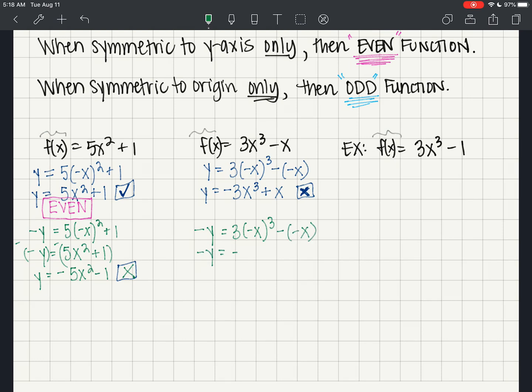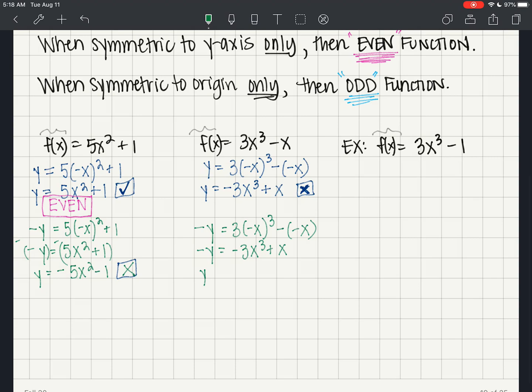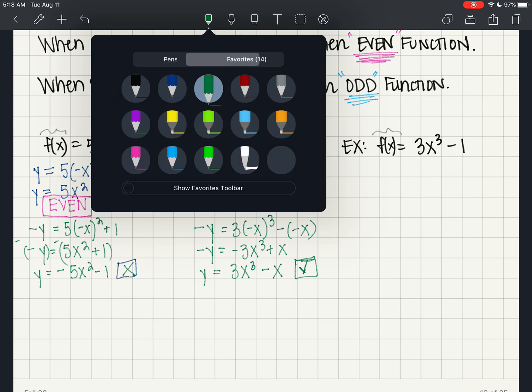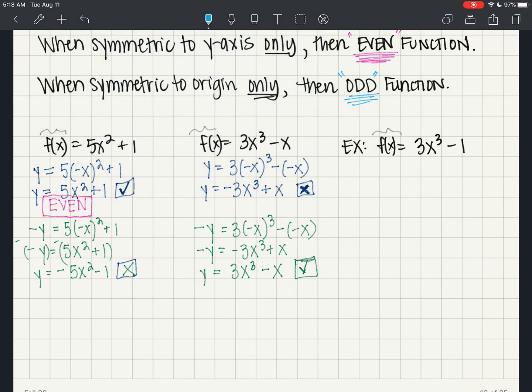Negative y equals negative 3x cubed plus x. I'm going to multiply both sides by a negative, which results in each term changing its sign. And I indeed end up with the original equation. Therefore, this function is an odd function.